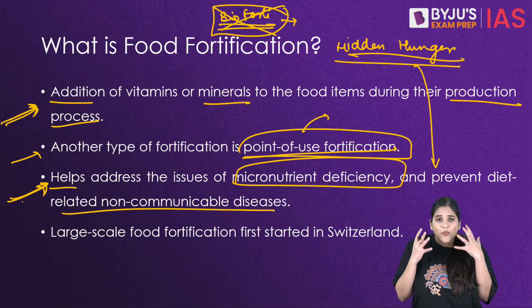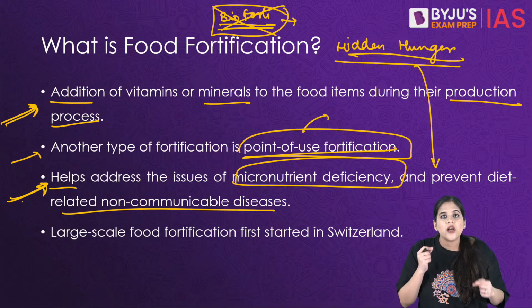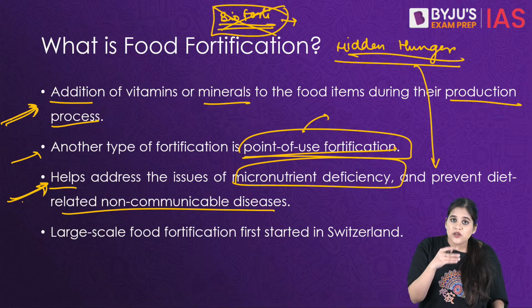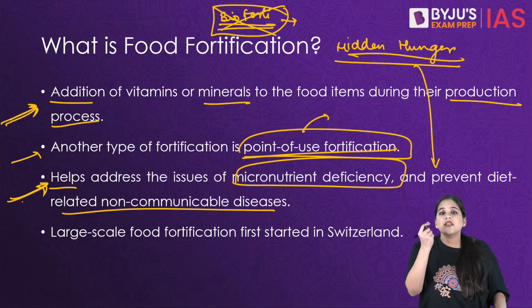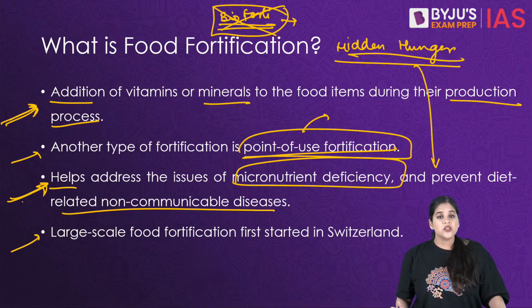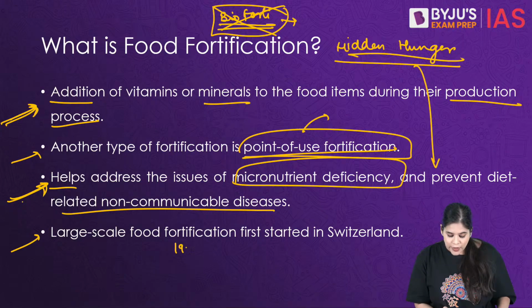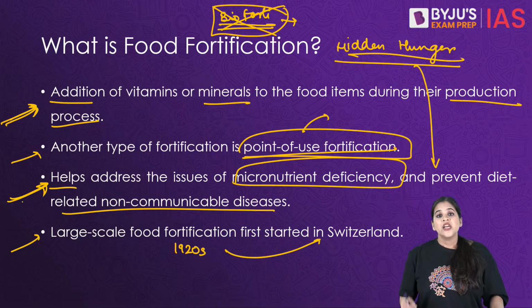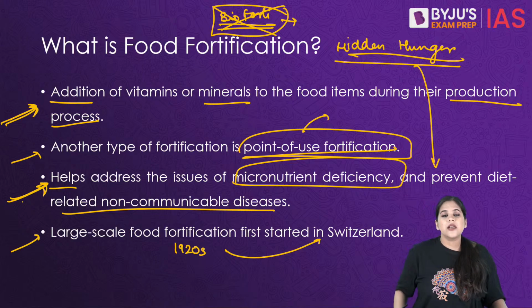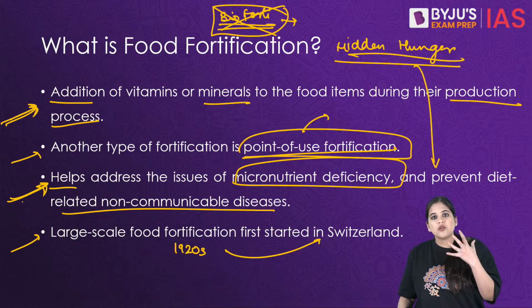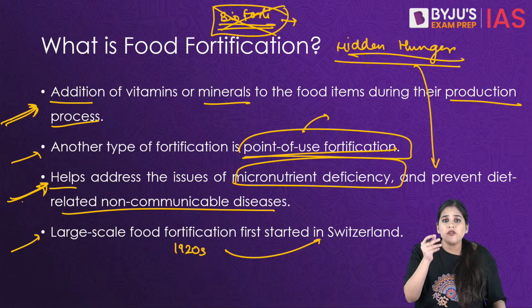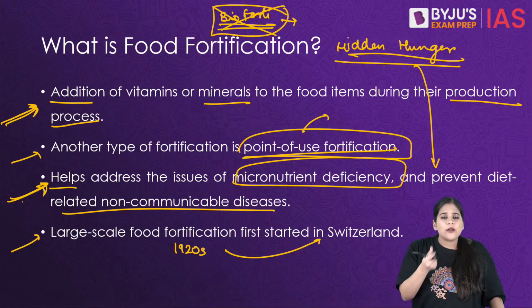So to prevent these kinds of diseases, many countries undertake food fortification to increase the strength of their citizens. Large-scale food fortification programs first started in the 1920s in Switzerland with iodizing the salt. Switzerland is a landlocked location, right? So they do not have many sources of iodine, many sea animals to eat.